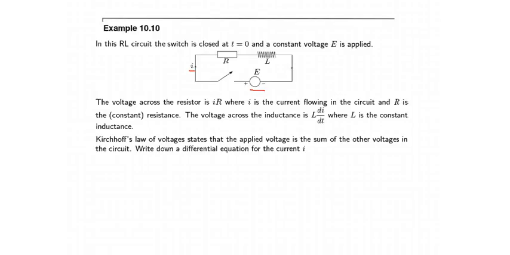The voltage going across the resistor is the current times the resistance, and the voltage going through the inductor, well, we need to know a little bit about engineering, but it's the differential of the current times an L term, and L is called the inductance. Okay, so basically I know what the voltage is over those two components in my circuit.